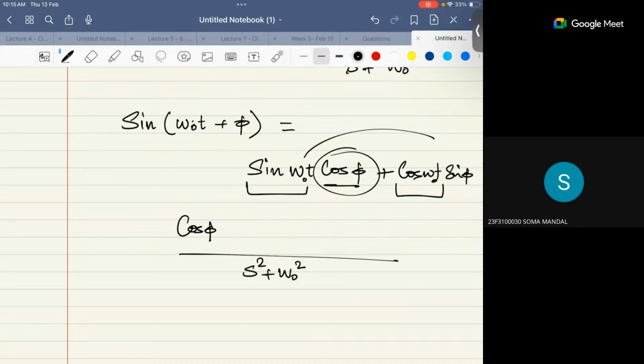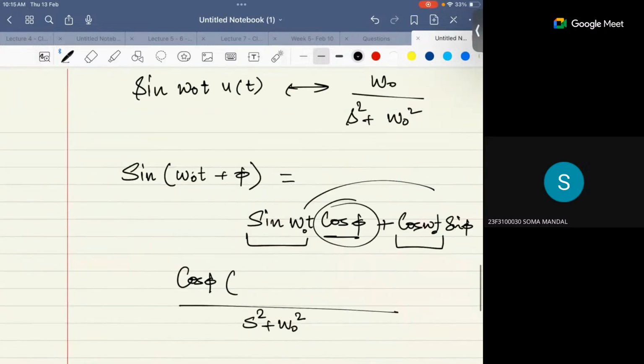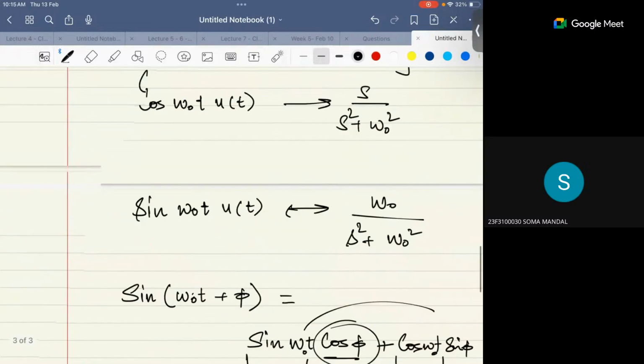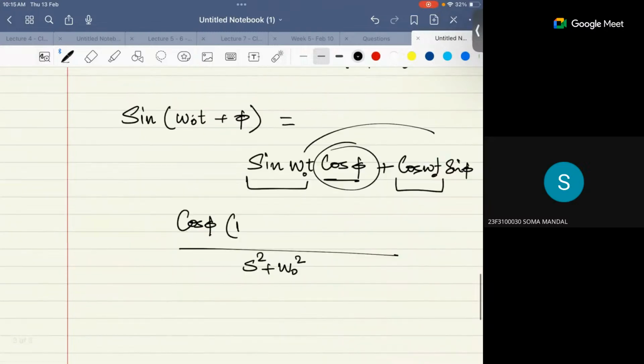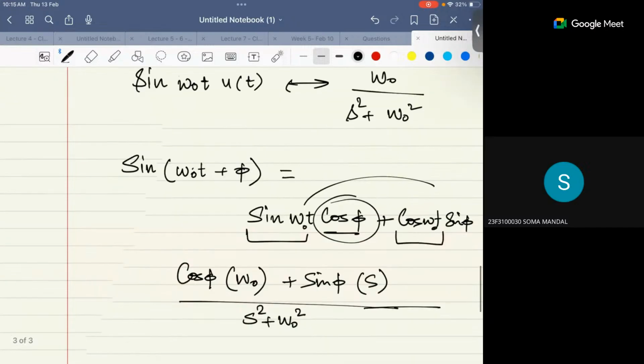For sin omega naught t, omega naught will come here, and for cos omega t, s will come, with sin phi. Yes, sir. So this is how you calculate.